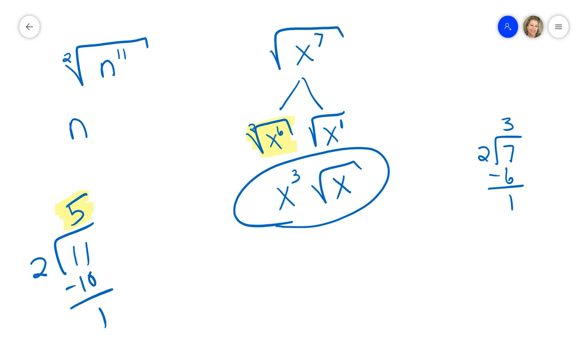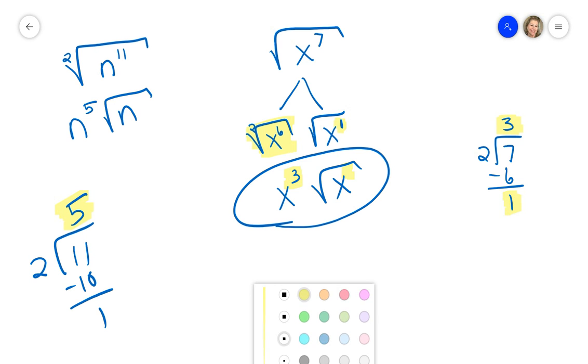This is going to become an n to the 5th times the square root of an n. Just like over here when I divided, 2 into 7 went 3 times. Here's my x to the 3. And then my x to the 1 left over, here's your x, well, there it was, x to the 1 left over. So this 1 right here is really an invisible 1 right there.